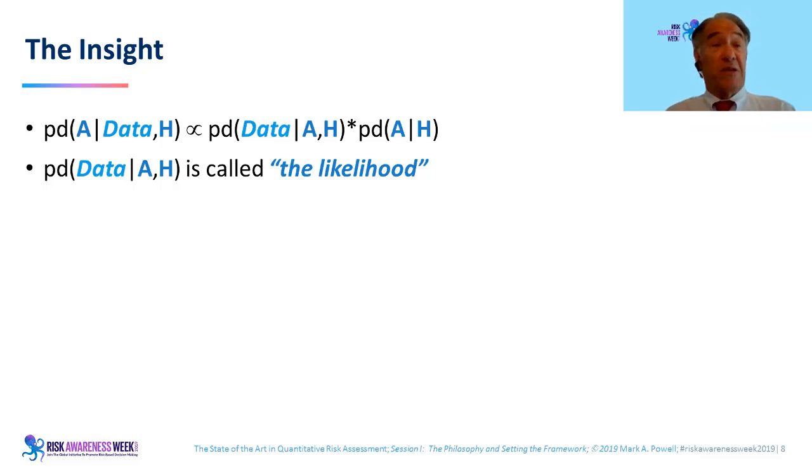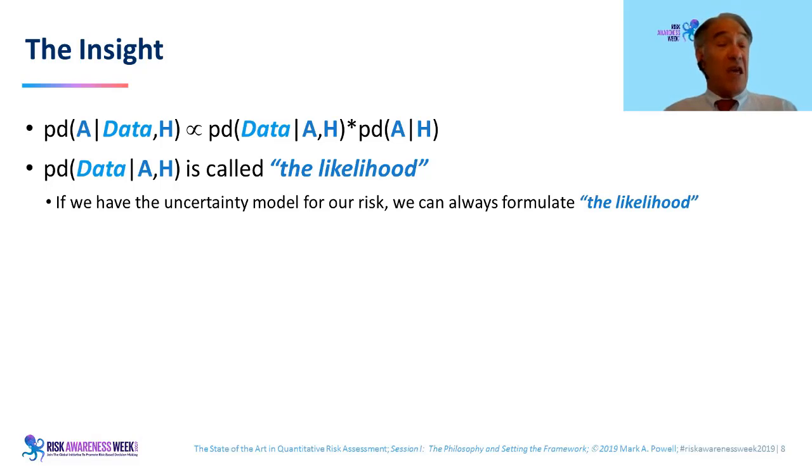It is the probability or the uncertainty model for getting the data that we got, given the possible values of that outcome that might be realized. If we have that uncertainty model for our risk, we can always formulate it. It's important that we be able to write it down because we're going to have to code things up. But if we've done our analysis properly, we're going to know what that uncertainty model is.